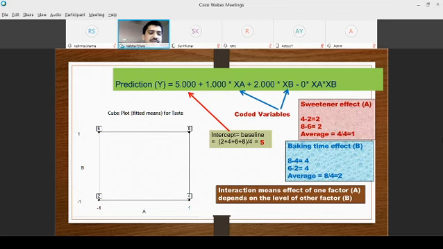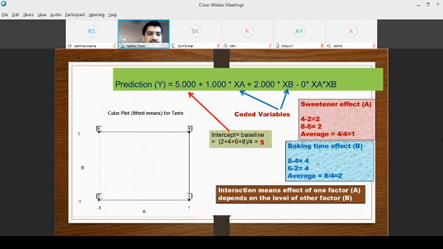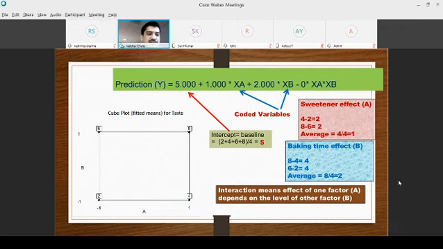The type of sweetener we have selected is jaggery at -1 and sugar at +1. Similarly, for the B factor, baking time, the minimum is 30 minutes and the maximum is 60 minutes. So how are we going to incorporate the values? For -1 -1, the outcome is 2. And +1 and -1 is 4.